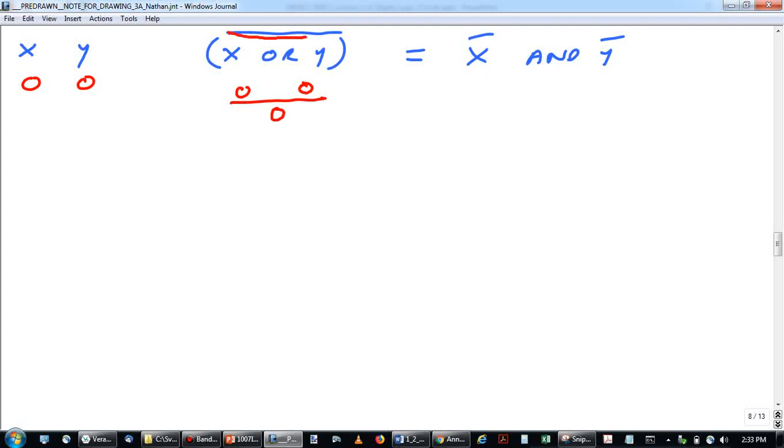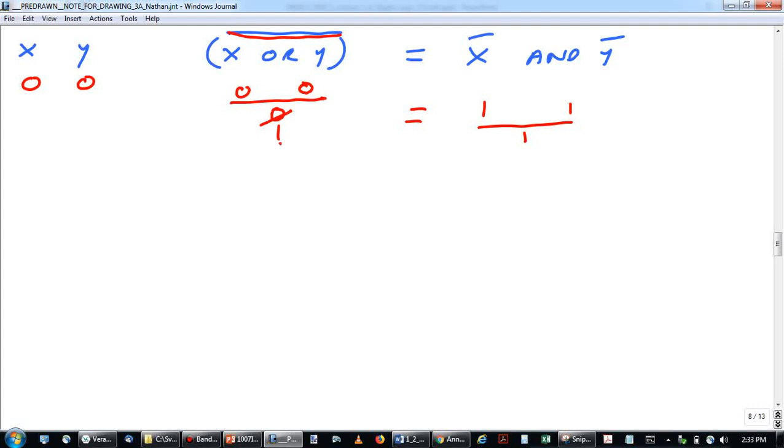This negation here says this becomes a 1. Yep. On the right hand side, not 0 is 1, and not 0 is 1. 1 and 1 is 1.